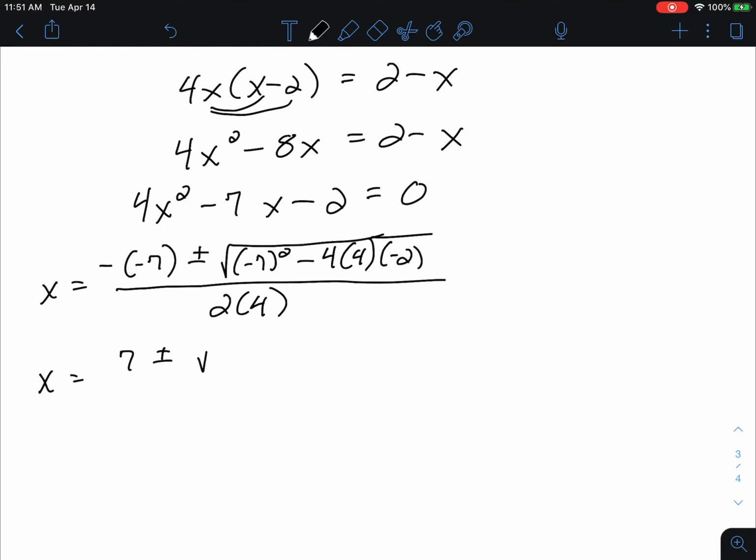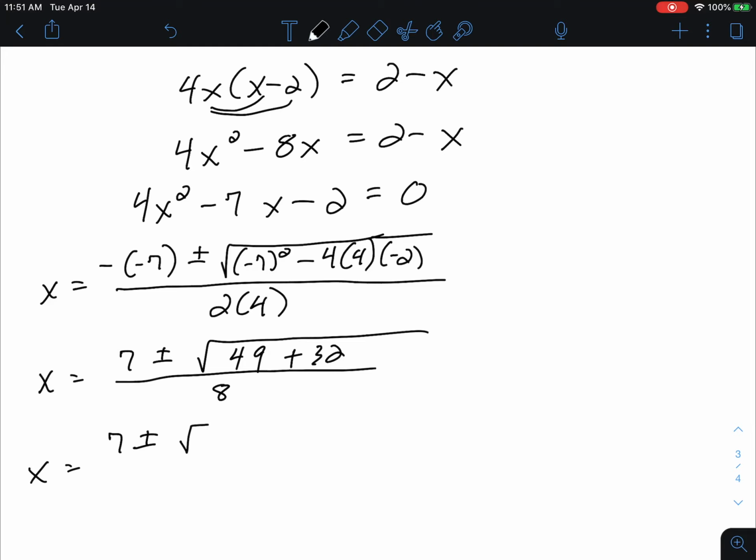That's a positive 7 plus or minus the square root, 49 minus 16 and then a plus 32, over 8. 7 plus or minus the square root of 81 over 8.